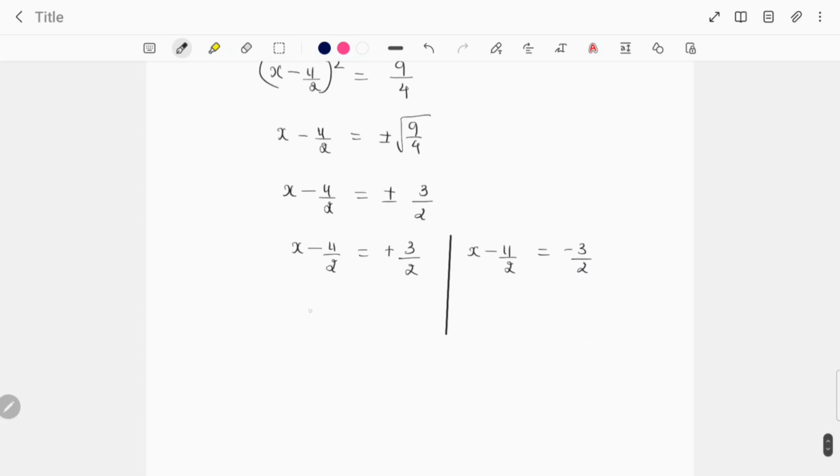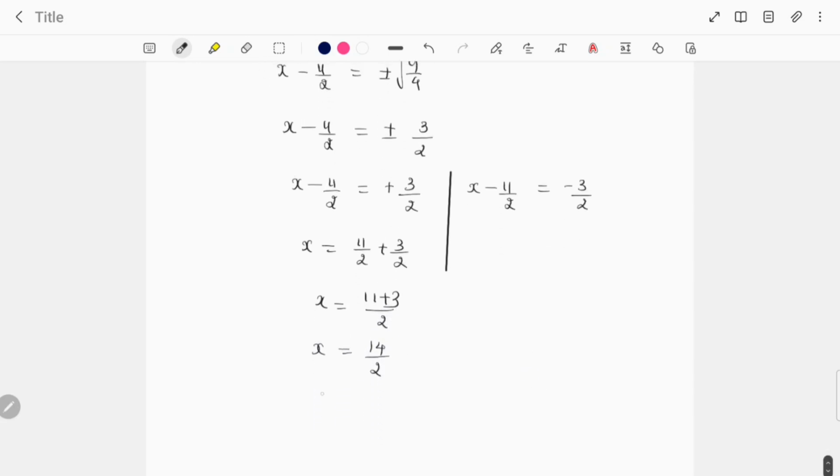So x equals minus 11 by 2, which becomes plus 11 by 2, and here plus 3 by 2 is there. The denominator is the same, 2, so we can add the numerators. 11 plus 3 by 2, so x equals 14 by 2, so x will be 7.